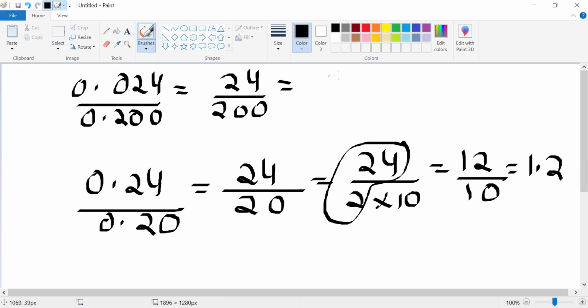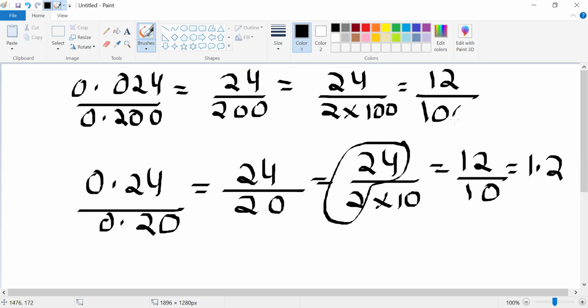Now write it as 24 by 2 into 100. 24 by 2 is what? 12. 12 by 100. 2 zeros in the denominator, so there must be 2 decimal places in the numerator. So it will become 0.12.